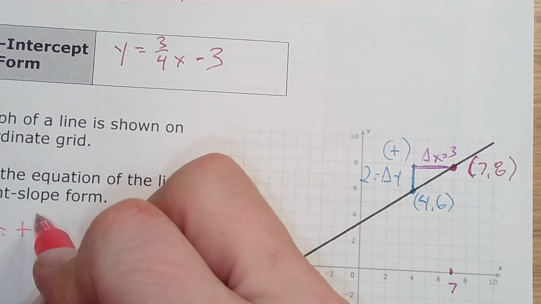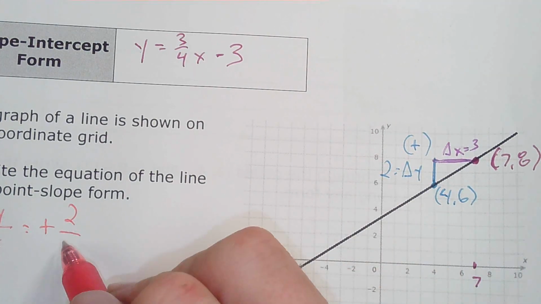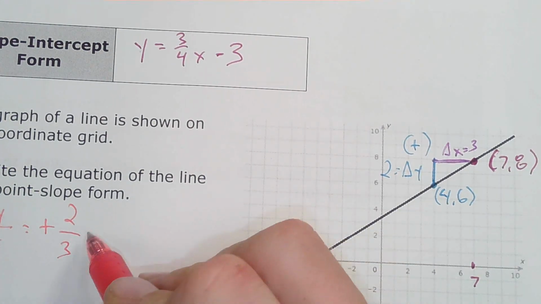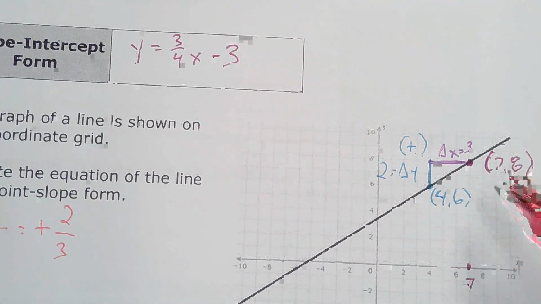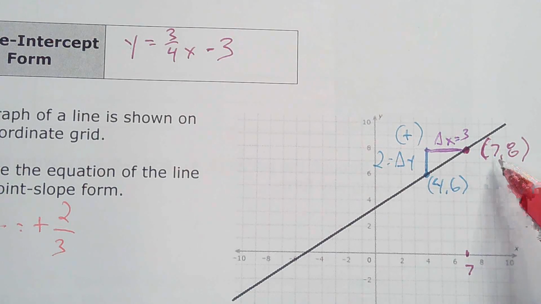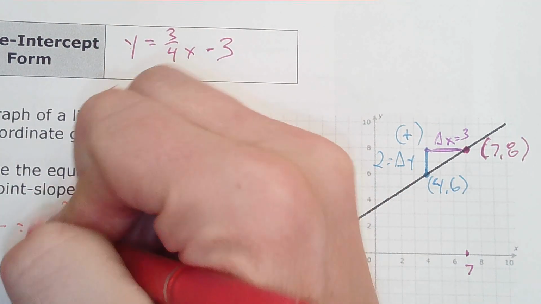My change in y was 2 and the absolute value of my change in x was 3, so it's positive 2/3. Or you can pick your 2 points and name one A and one B, but you really don't have to do that here because you can see the graph has a positive slope. So you know it's a positive 2/3.